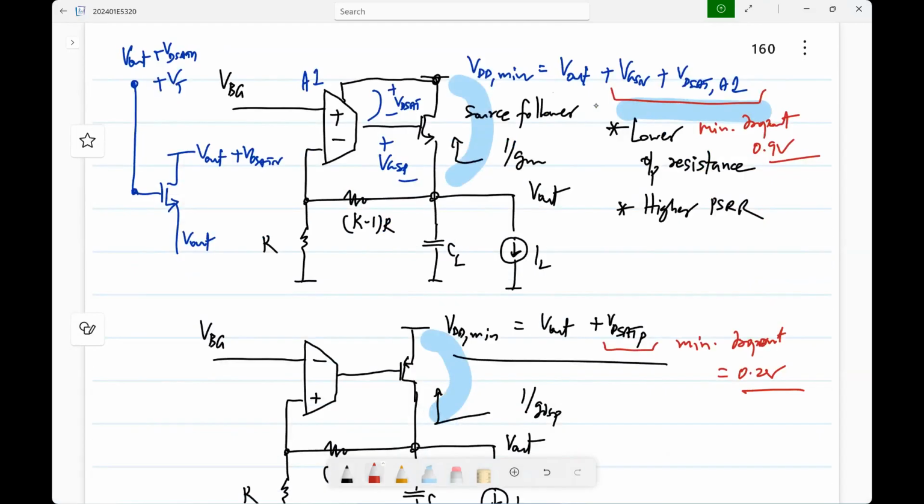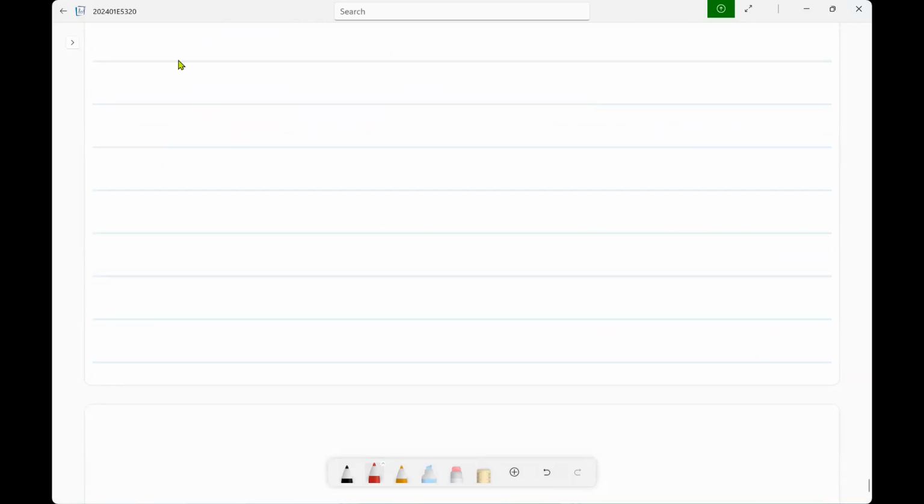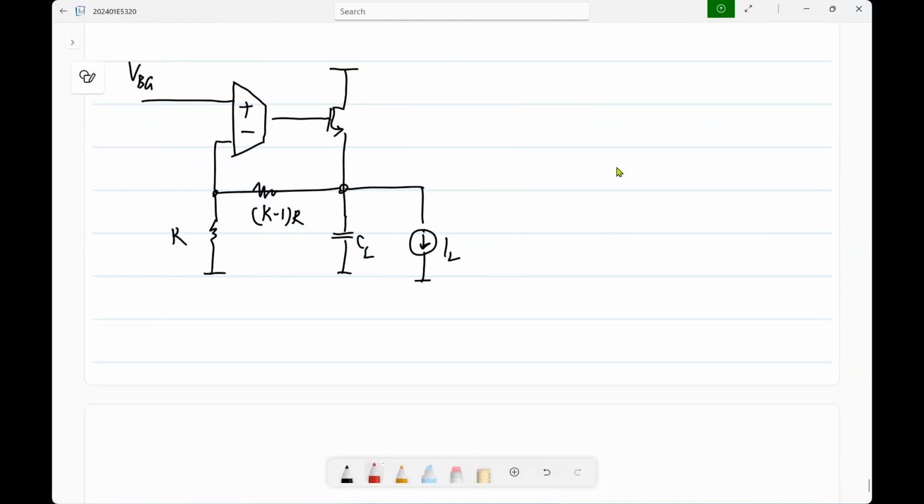Oh yeah, one more thing I wanted to mention is that this, let me take the PMOS case, which is more typical, right?